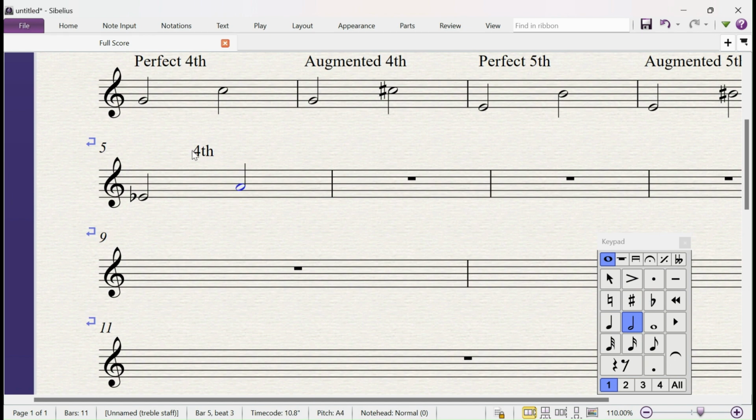So this is an augmented fourth. So whenever major or perfect intervals are made higher by a semitone, that interval is now an augmented interval.